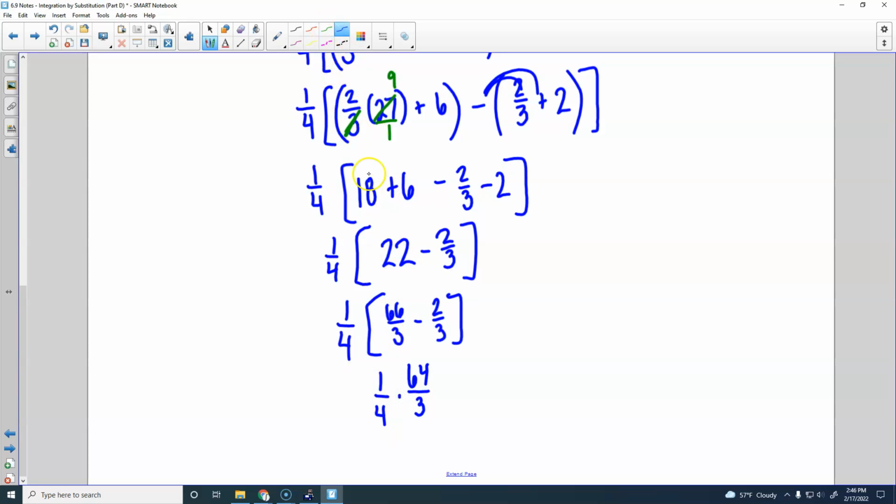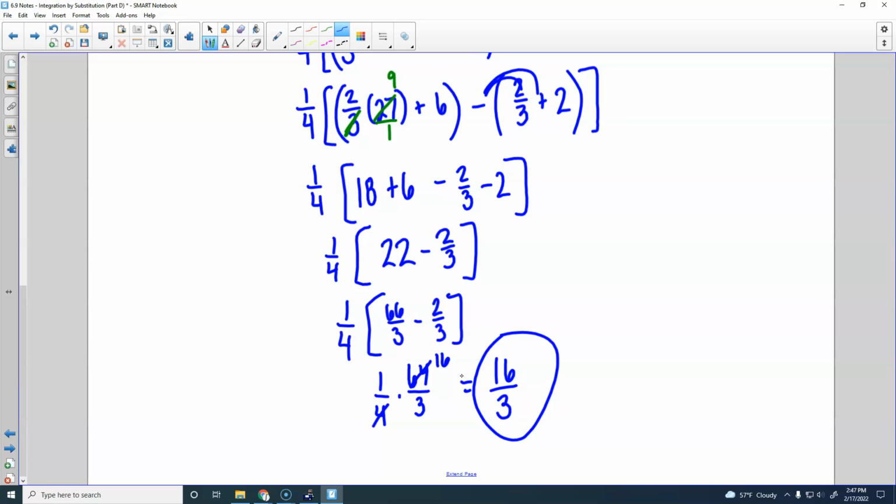So we can divide by 4 there, right? Or just get 64 over 12 and reduce. What's 64 divided by 4? 16. So we get 16 over 3.